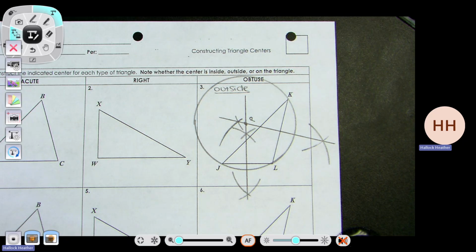We're also doing one side because for right triangles it will fall on the right. Okay, and then you did this one. It's okay. Listen, we're just trying.